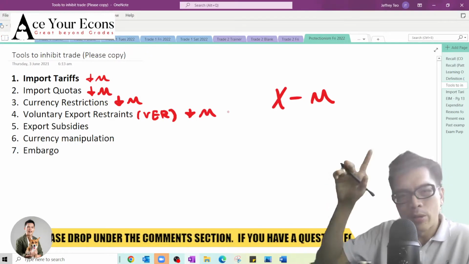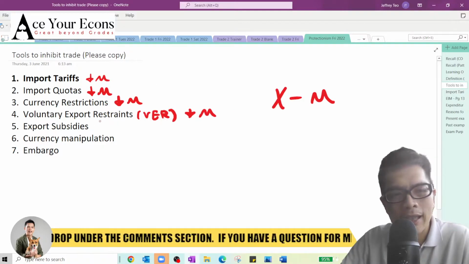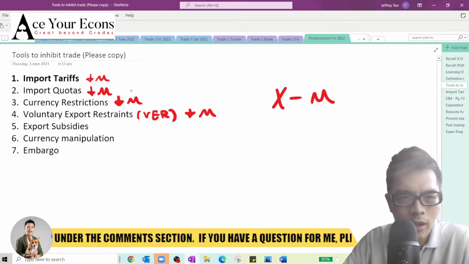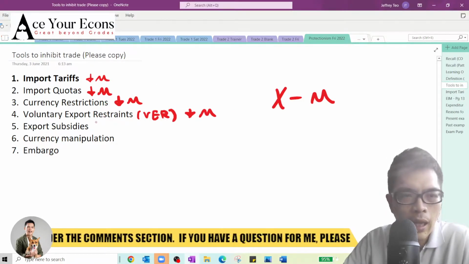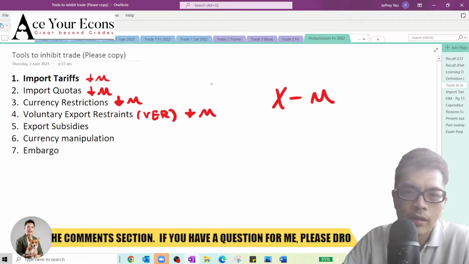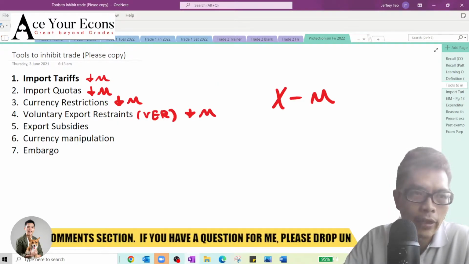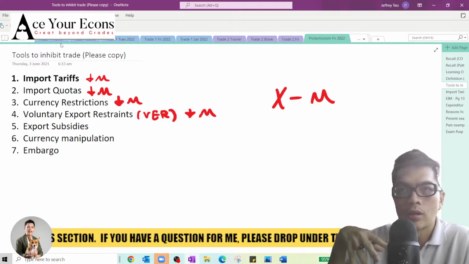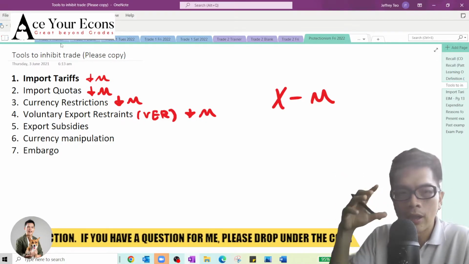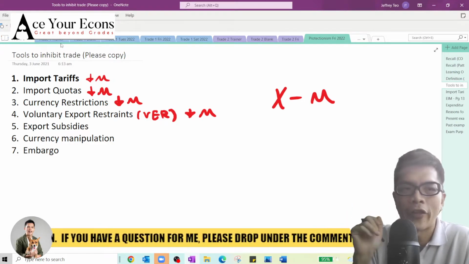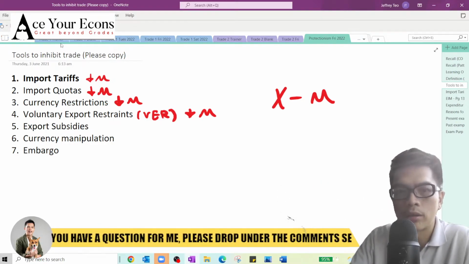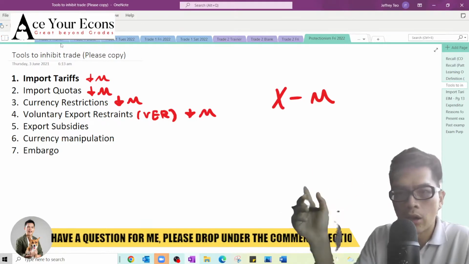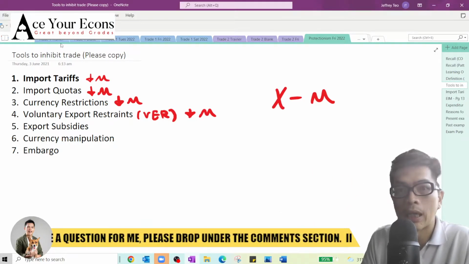Okay, so I'm going to go through a few more. These are some that are actually a lot more popular. Export subsidies. Listen carefully. Export subsidies are granted on domestic goods to give them an unfair advantage when they compete abroad. Later on, we'll be using the concept of dumping.